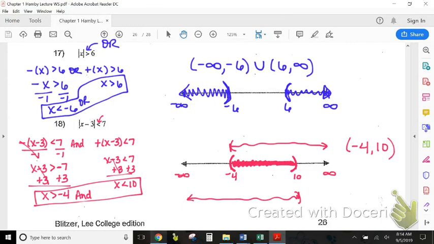And then I want to practice going ahead and putting that as one inequality. So x such that -4 < x < 10. You use less than symbols, and do either one of them have an equal to? No.